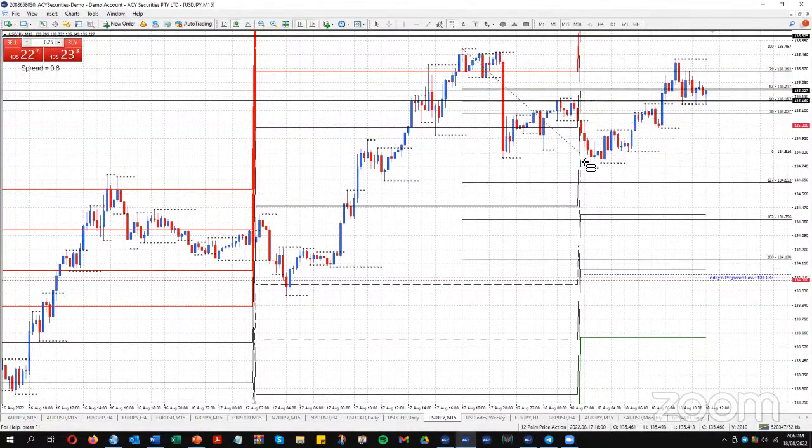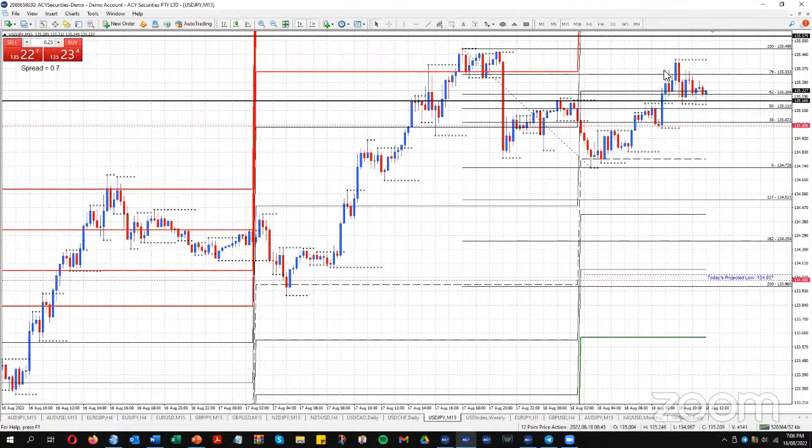That move down, we've moved up to the 79% level of that small range. Are we failing here to move down? Or over the last 10 candles, we can see some form of support coming in at 135.16. So if I was looking to engage on that pair on the short side, if I thought it was failing in this area, I'd like to see price move below 135.16 now, come back up to retest it as resistance, and then as it starts to falter there, look for an opportunity to trade down.